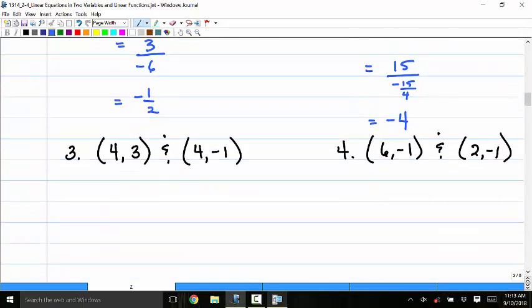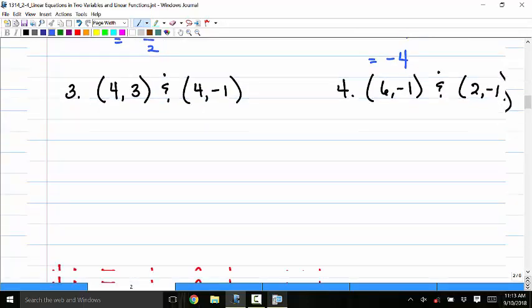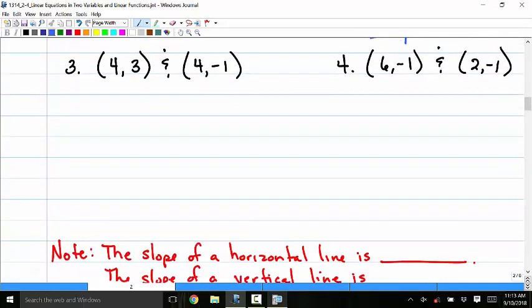How about the points (4, 3) and (4, -1)? The slope will be, I'm going to start with this y value, y minus y.